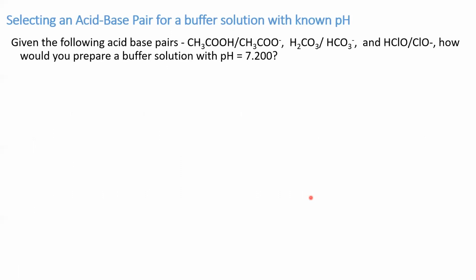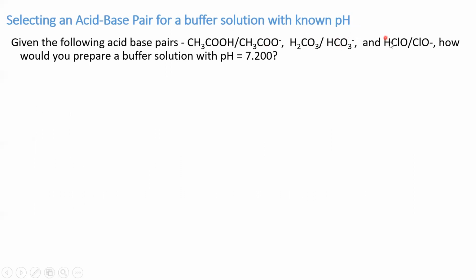So let's say that we're given 3 possibilities for a buffer solution we want to make. We could make a buffer solution out of acetic acid and acetate ions. We could make a buffer solution between carbonic acid and hydrogen carbonate ions.